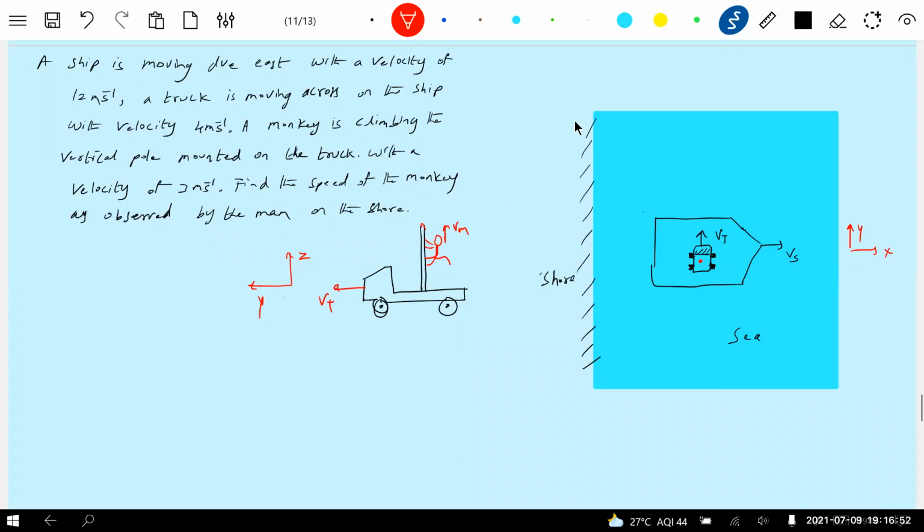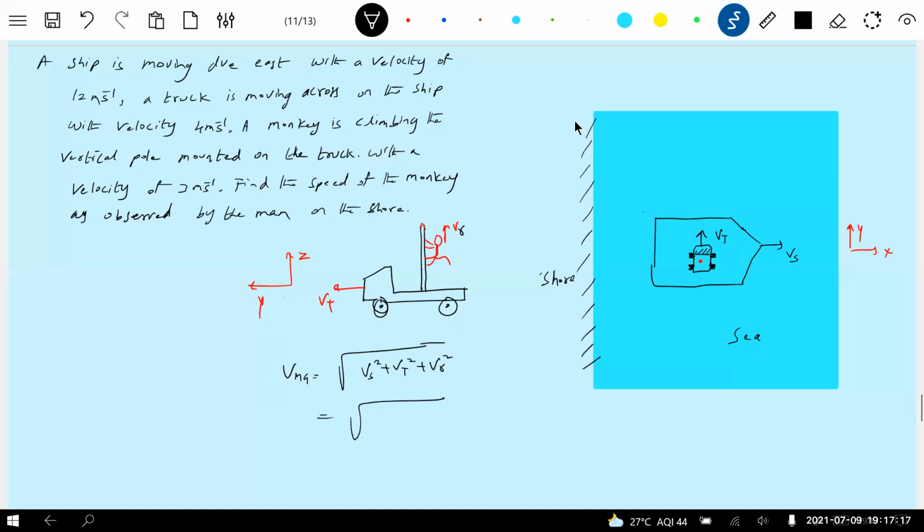Okay, got it. Now what should we do? We have to just go for the resultant of all these things, no? So the total velocity of the monkey with respect to ground, I'll call this VR. It is velocity of ship square, velocity of truck square, plus velocity of monkey square equals VR square.